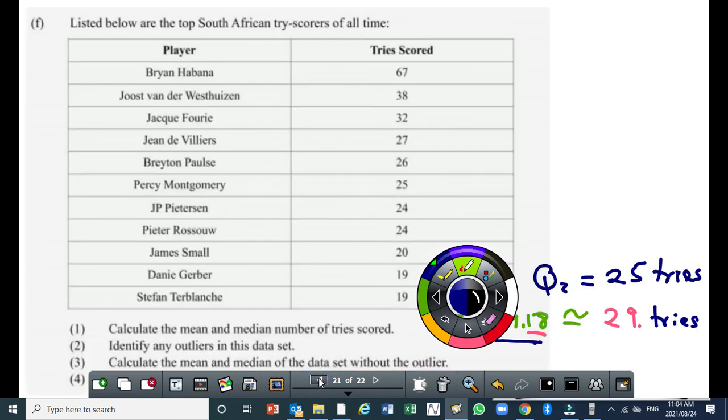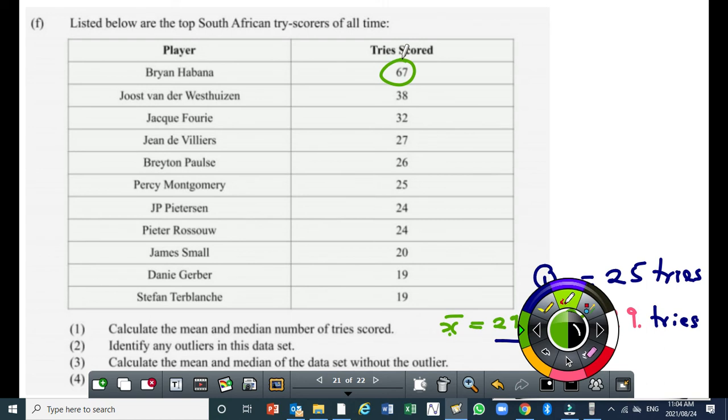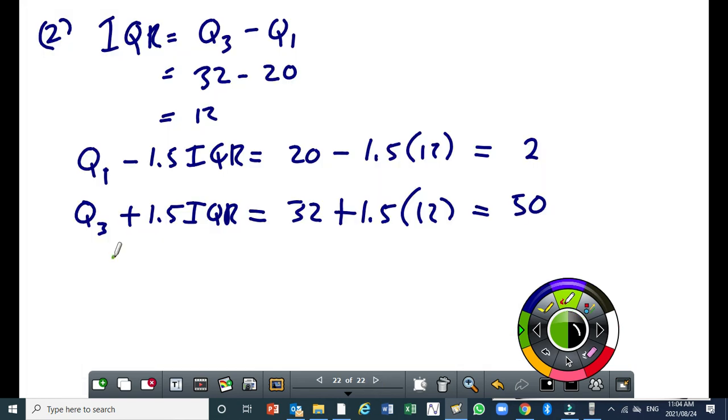So the question says identify, okay? So I've done my calculation. Already I can see that this is more than what? 50, right? That's the only one. So then you can say, therefore, 67 is an outlier.